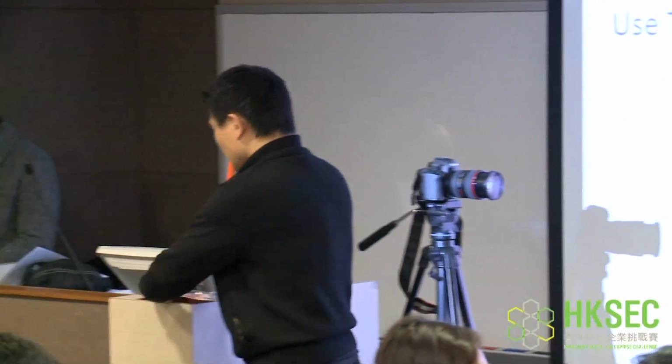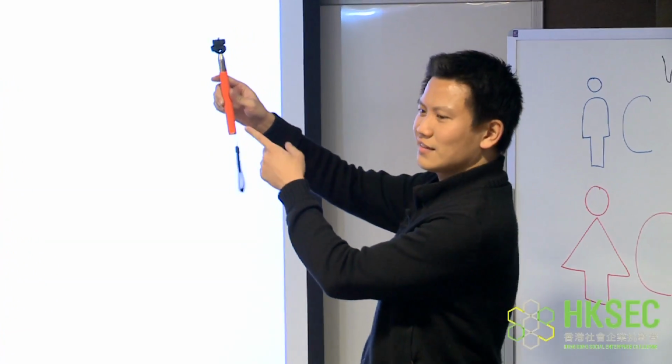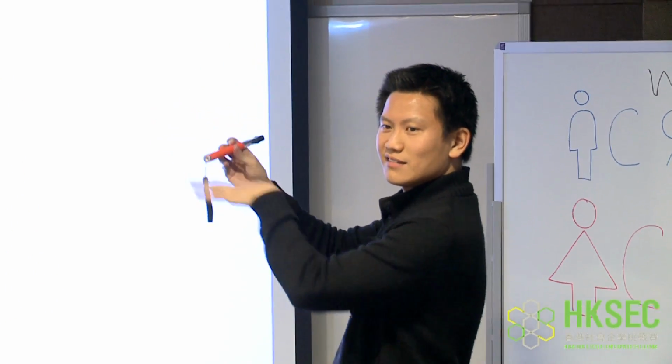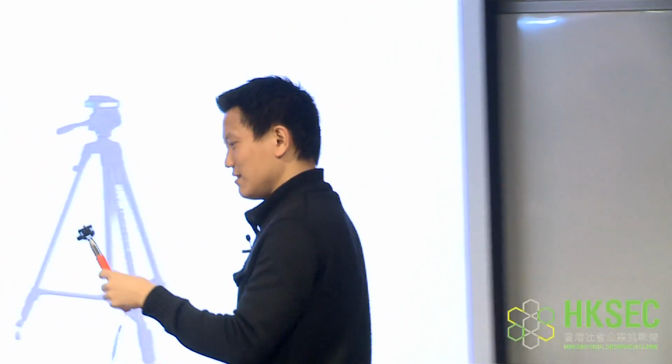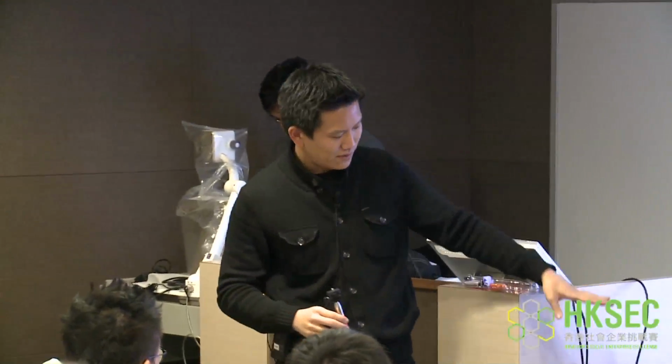If you don't have a tripod later on, I guess in your own institute there's an IT department. There should be a tripod to borrow. If you use this kind of selfie stick, you can buy one with three legs, and then you can hold it on the floor like this one.